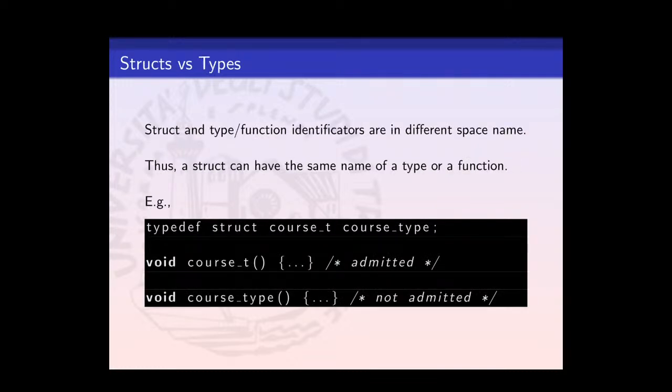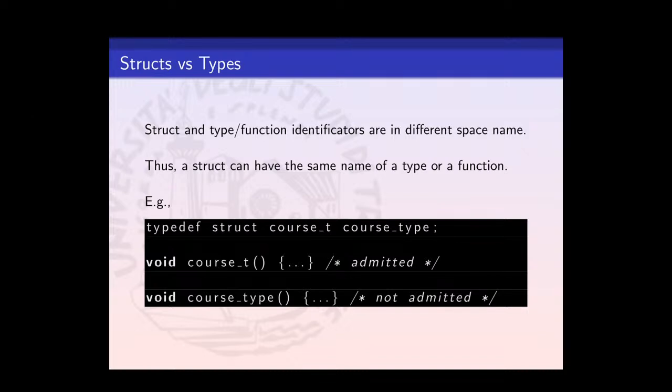But actually they are not really the same. Using the struct word has some advantage with respect to the data types embedded into the list of types by using typedef. In particular, if you have a look at this code, you understand that by using the struct word, we are able to define functions which have the very same name as some structs.